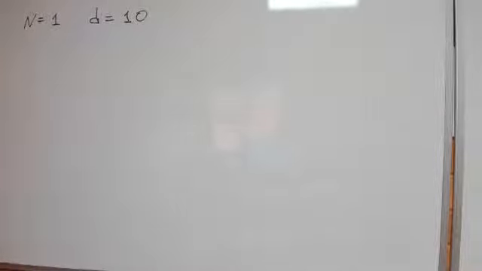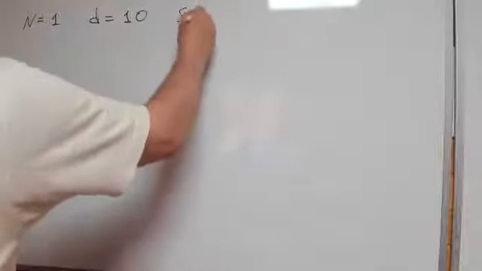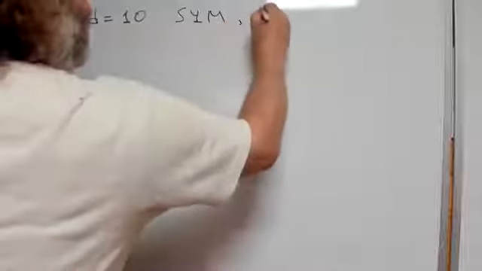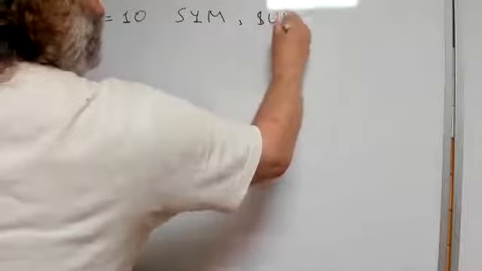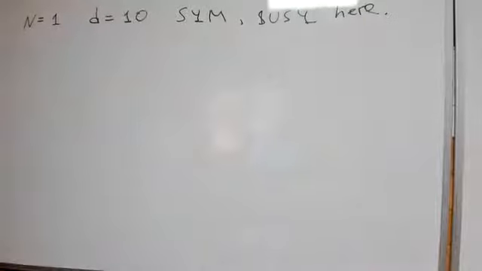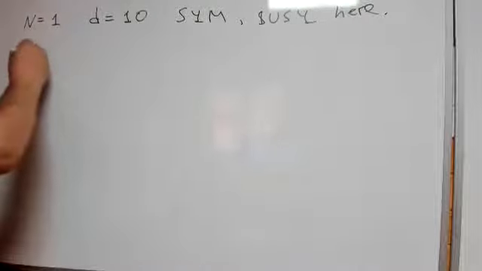N equals 1, D equals 10 super Yang-Mills. So the idea is the so-called pure spinor approach. So I'll discuss supersymmetry here.